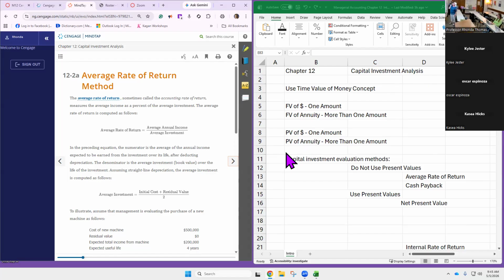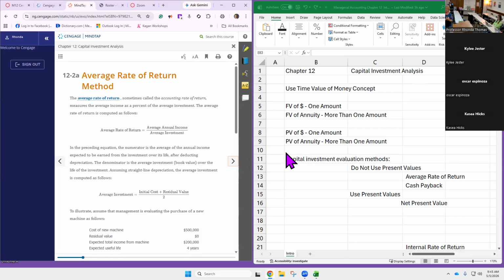So we use tables here in accounting class. There are also some time value of money calculators online that you can use, which are pretty cool. That's what we use in personal finance. If it says present value of $1, that's one amount. If it says present value of an annuity, it's more than one amount, but it has to be the same amount.